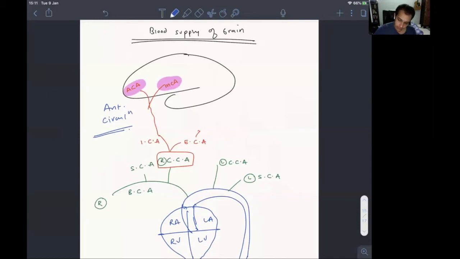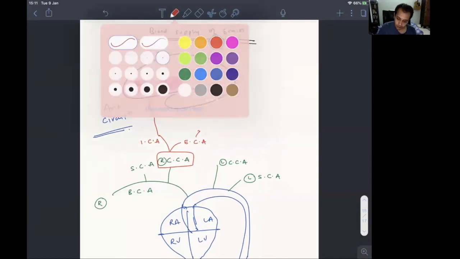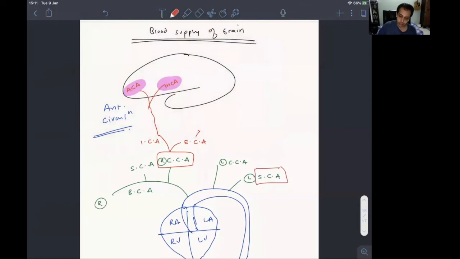And this forms part of the anterior circulation. Posteriorly, from your subclavian artery, there arise from both sides the vertebral arteries. In the back of the brain, they ascend next to the spinal cord, and at the back of the brain these two come together to form the basilar artery.